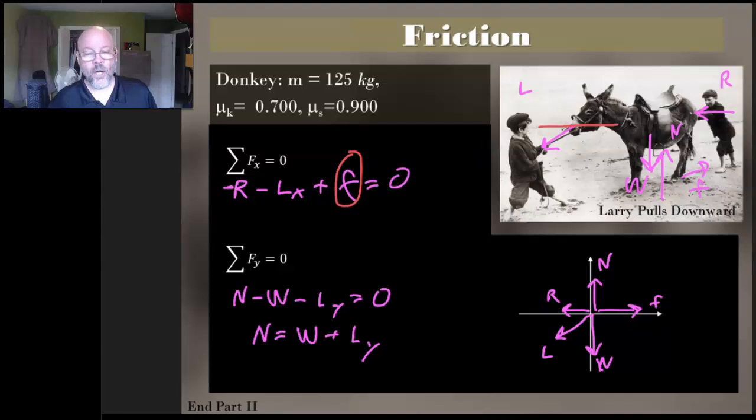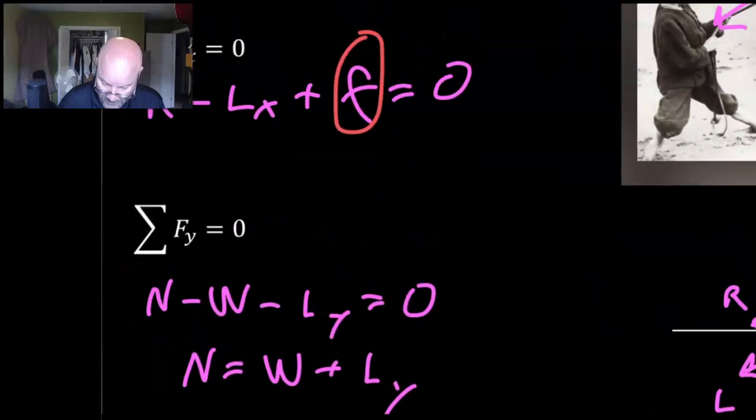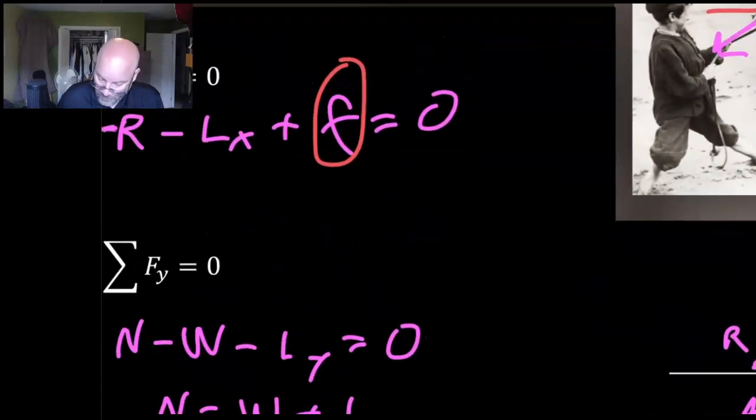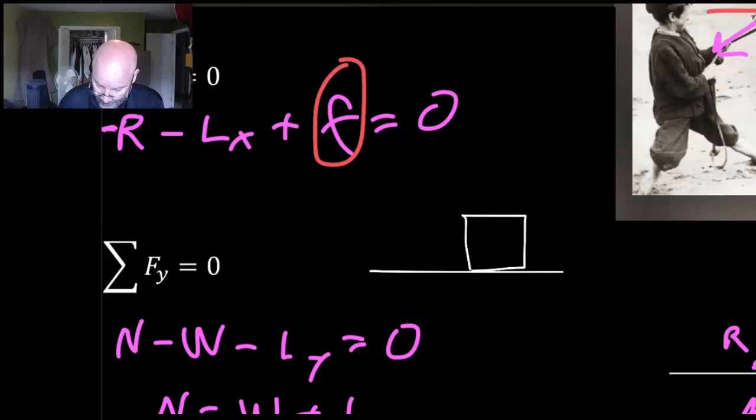Okay. So this is why if you've got some furniture, let me try to draw, I need a big space here. Let's suppose you've got a big crate here, and you want to push this crate.